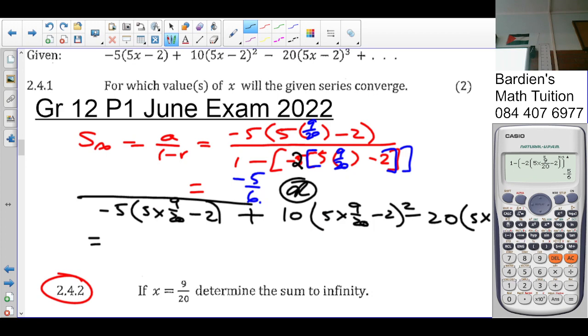I think I worked that out. No, I didn't. Okay, so we'll work that out. So it's negative 5 times open brackets 5 times 9 over 20 minus 2. That gives you negative 5 over 4.